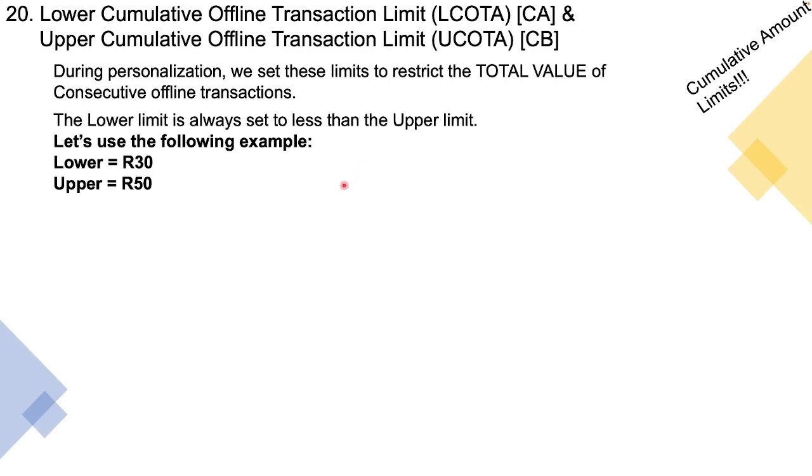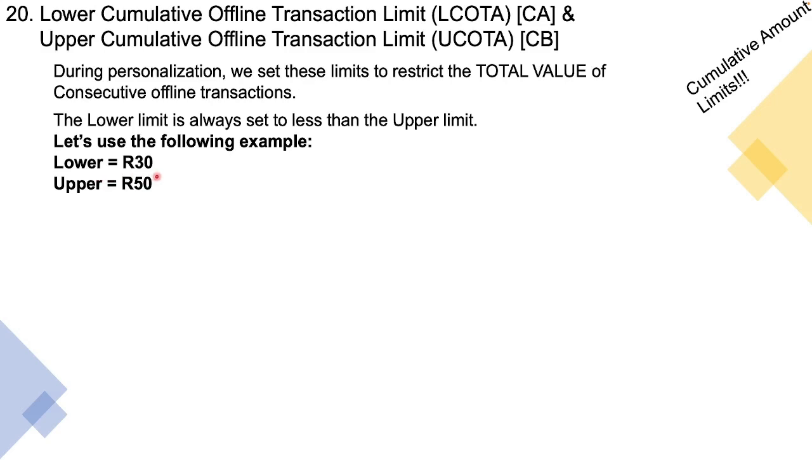So let's do an example similar to the exercise we did with LCOL and UCOL. For LCOTA and UCOTA, let's follow a similar process to better explain them. In terms of LCOTA and UCOTA, we're not defining the number of transactions, we're defining Rand values.